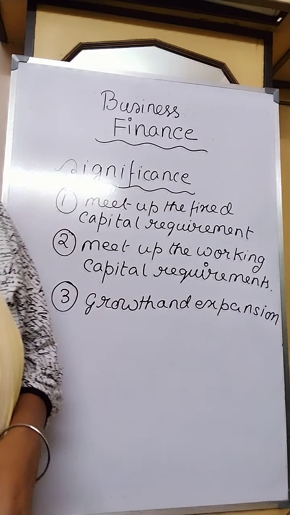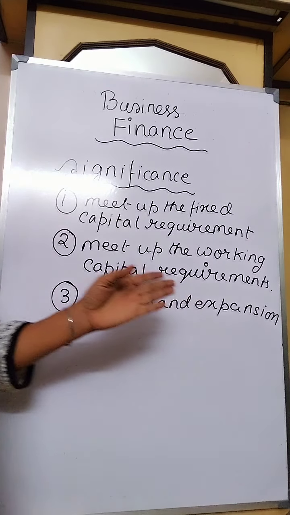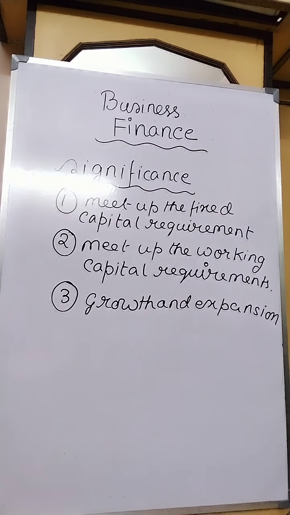There will be no shortage of raw materials and other things. The firm can take advantage of business opportunities. It can buy raw materials in bulk at economical prices. It can hold finished goods in stores to sell them at higher prices in future. It can pay its creditors in time and enhance its market reputation. So for this reason adequate finance is required.